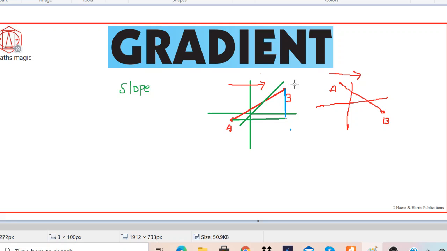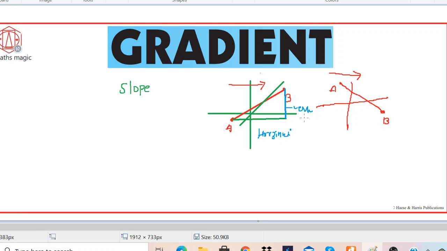We can name this movement, or you can say translation. So this is horizontal translation and this is vertical translation.